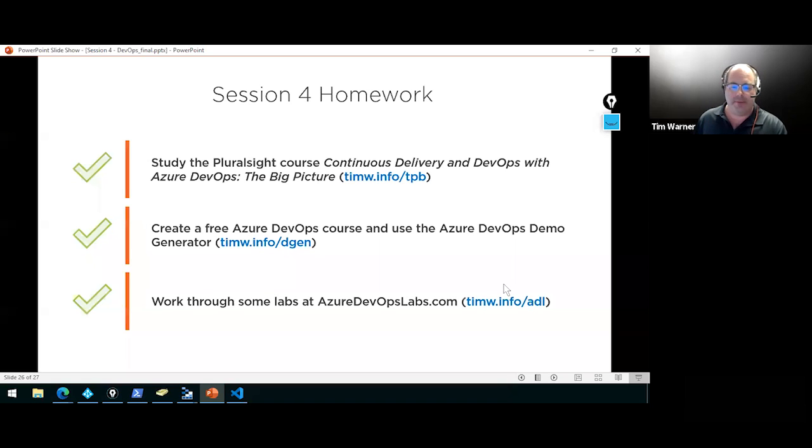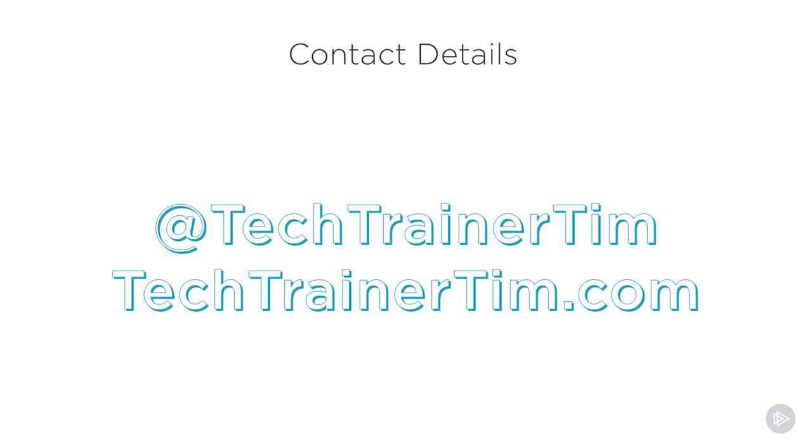There's a short link to it, by the way, timw.info/dgen. And I've even given you a short link to the AzureDevOpsLabs.com site. That's timw.info/ADL. That, and remember the books at the beginning that I told you about, the Phoenix Project and the DevOps Handbook? Really, all of those resources, you dive into those.